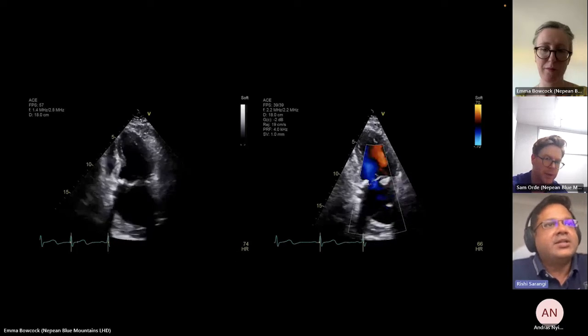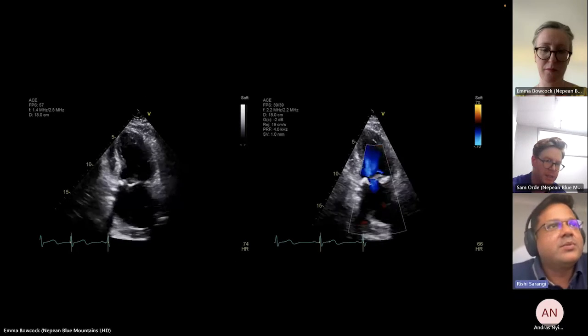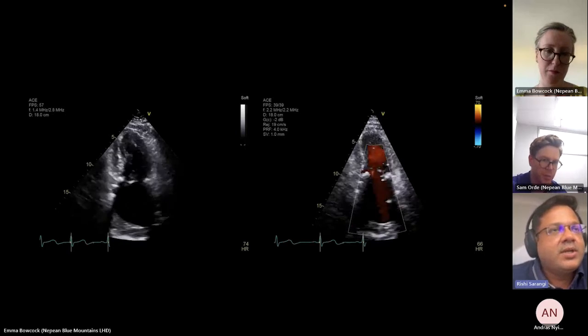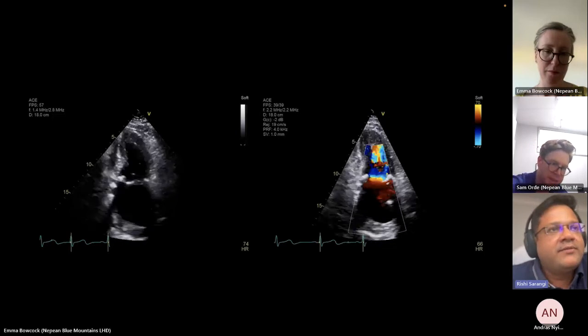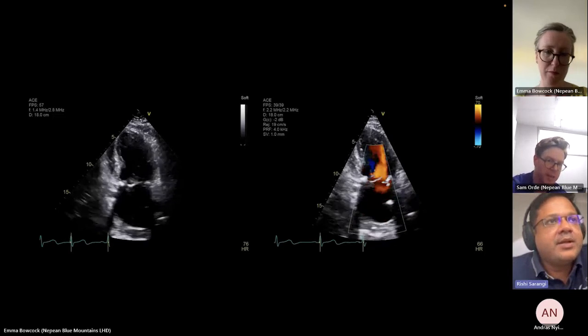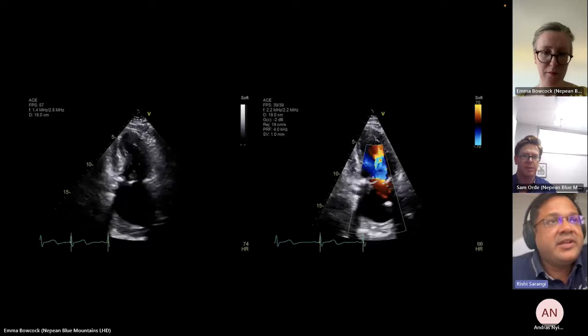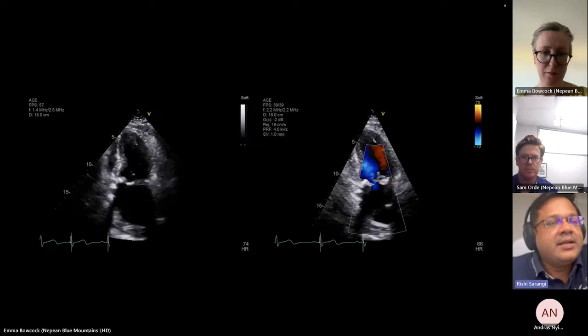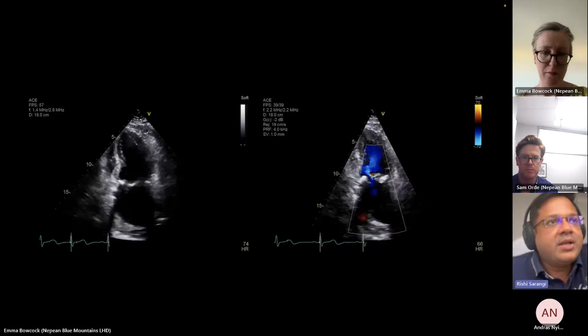So now we are looking at a 2-chamber view, with part of the right ventricle in place, again showing good left ventricular function. The mitral valve shows reduced excursion, thickening of the sclerotic valve leaflets, and a dilated left atrium.